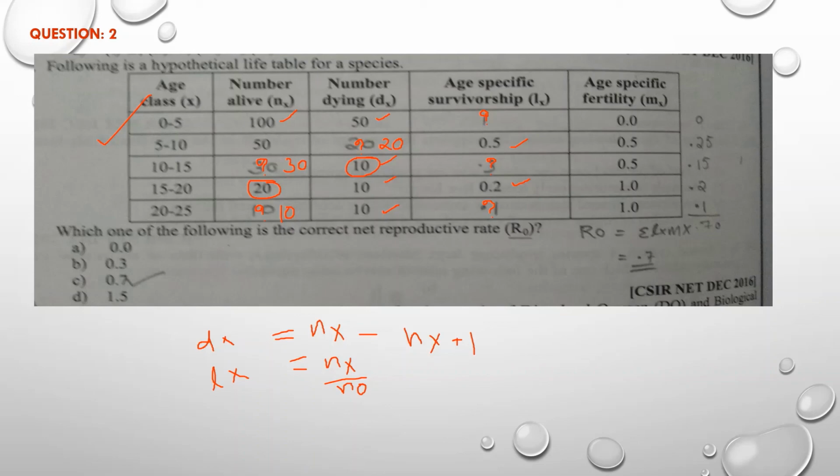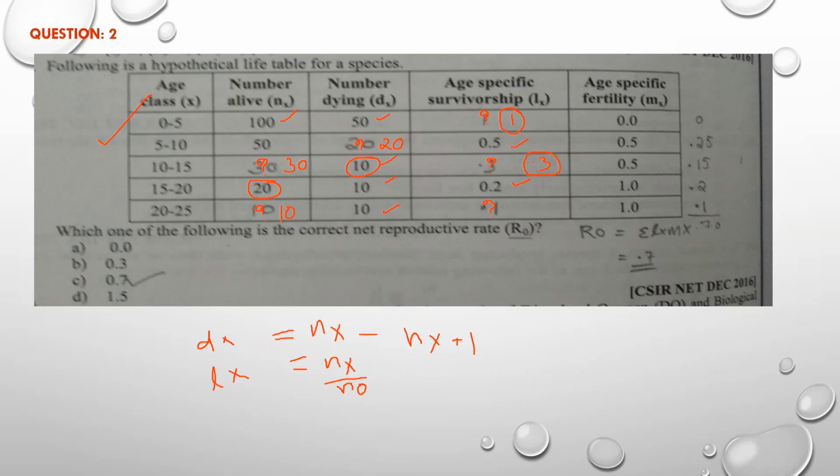So 100 by 100 is equal to 1. So Lx of 0 to 5 age class is 1. Next, it is given, there is no need to calculate that. Next is 10 to 15. Nx is 30 and N0 100. So 30 by 100, 0.3. So Lx for 10 to 15 age class is 0.3.